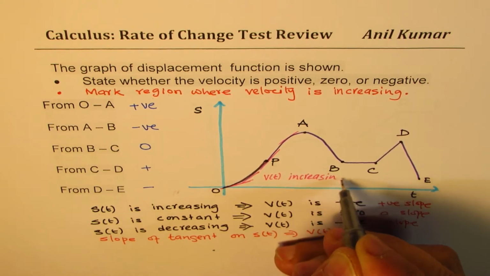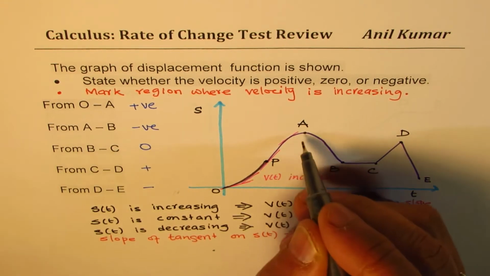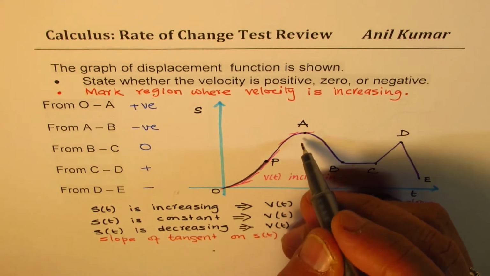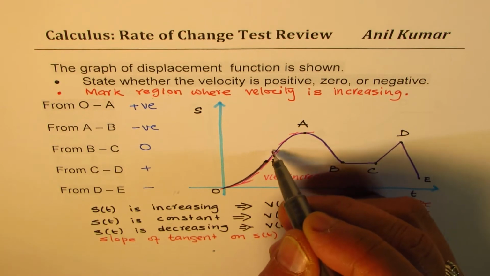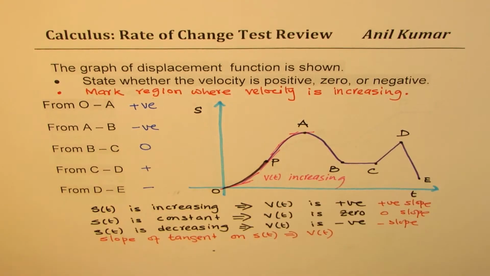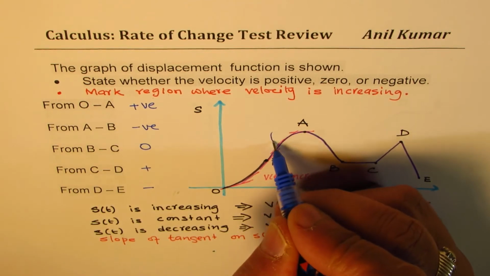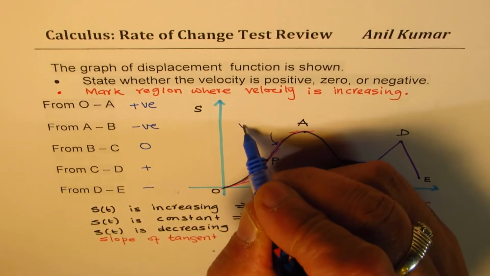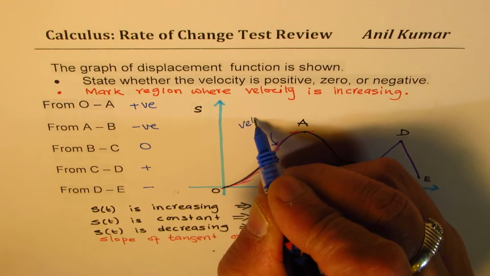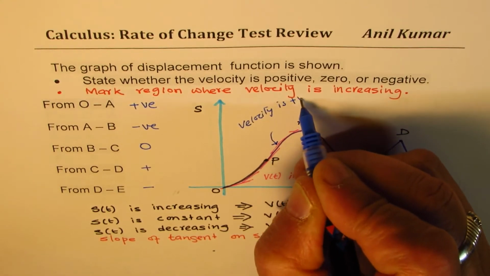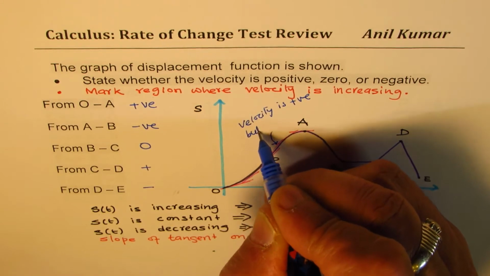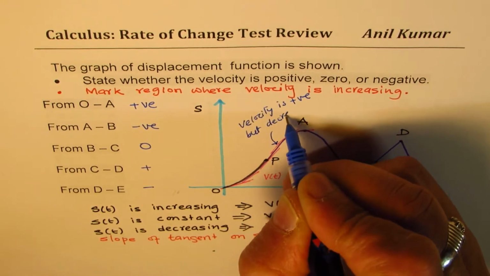Do you see that? Now after p, if I draw a tangent line, the curve is below. Do you see that? It is still positive. However, in this portion from P to A, we see that the velocity is positive but decreasing.